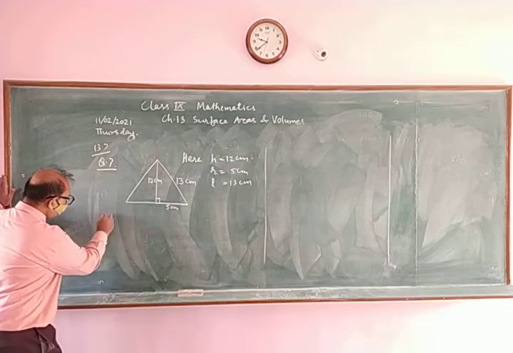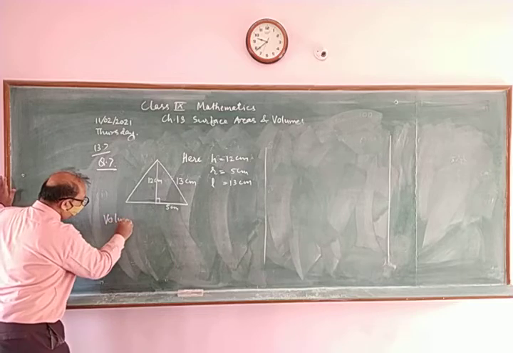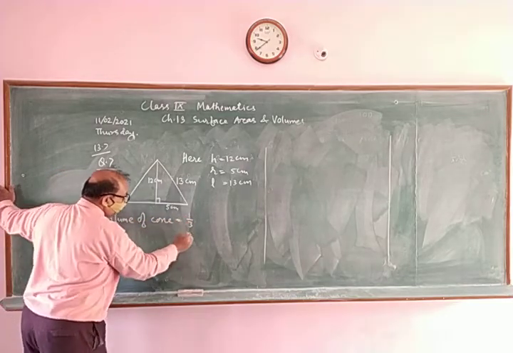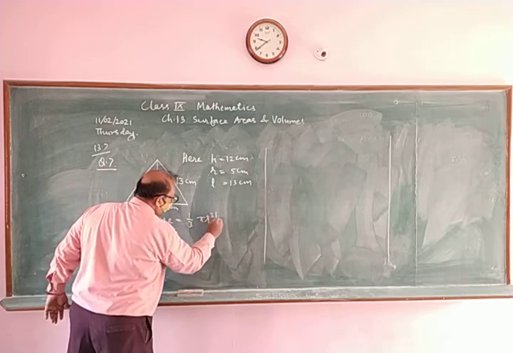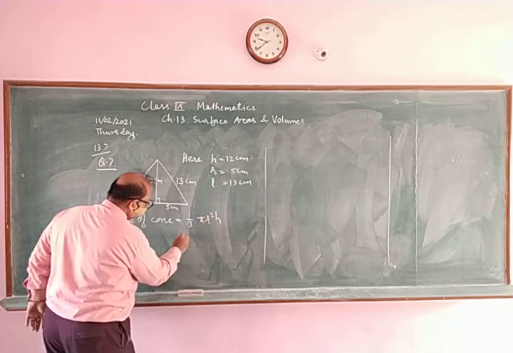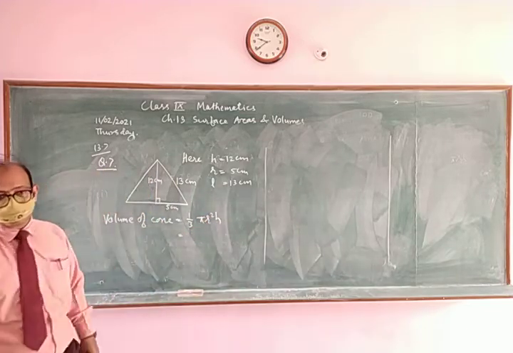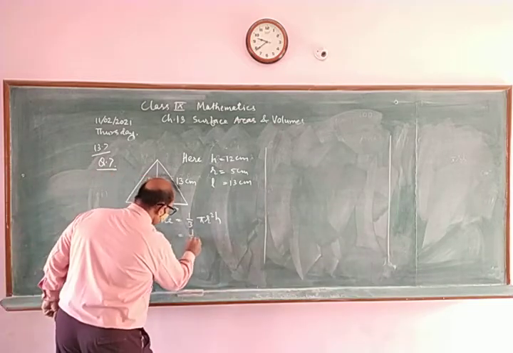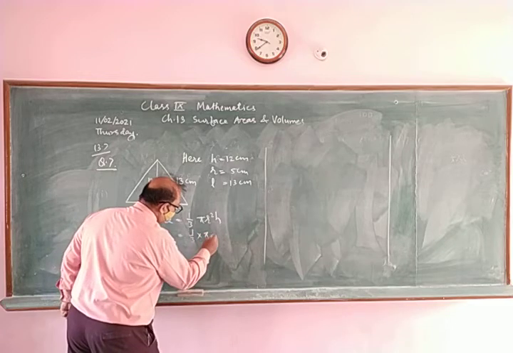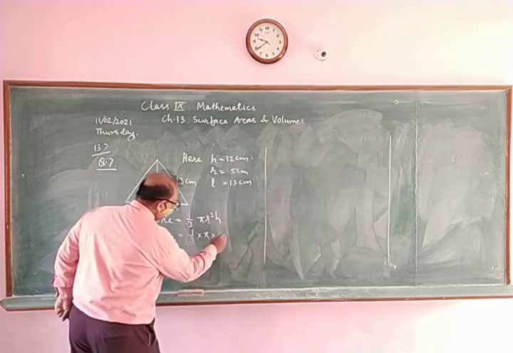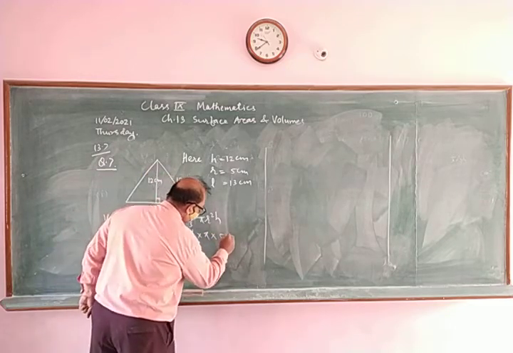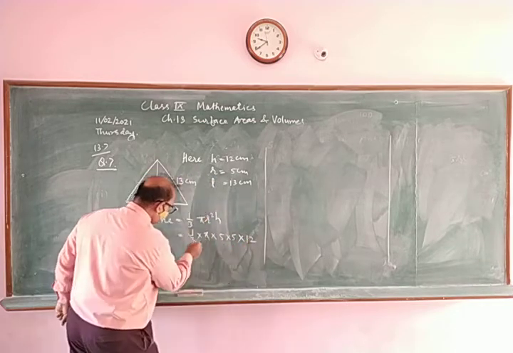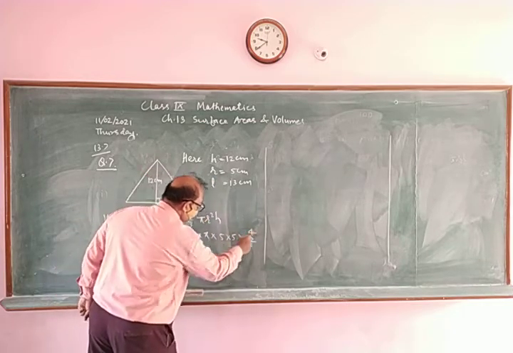Now, volume of cone is equal to 1/3 pi r square h. Look here. 1/3, r is 5 square and h is 12. 3 4s are 12.